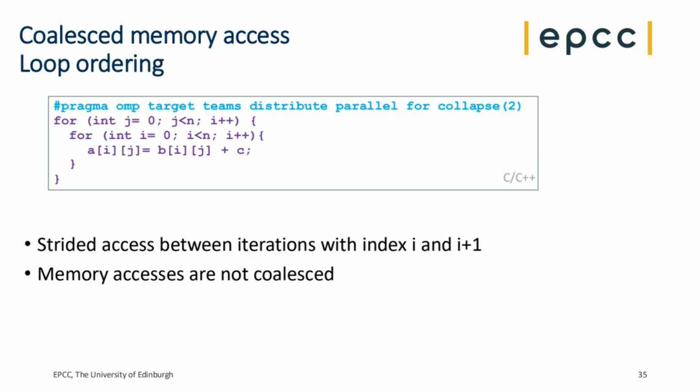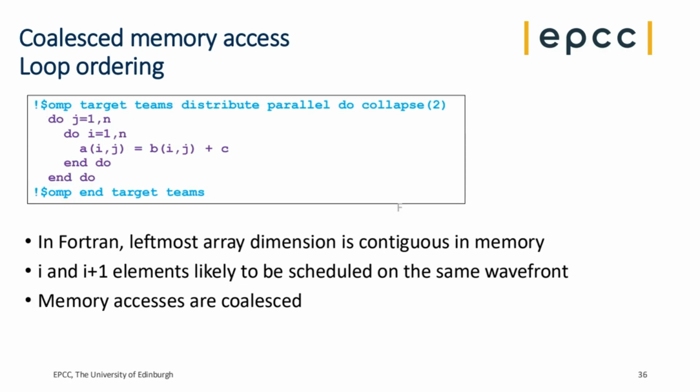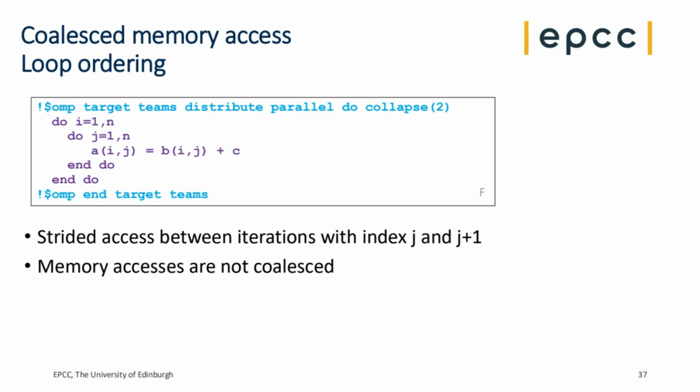Notice we've got the collapse keyword here to collapse this loop into one. Similarly for Fortran, it's just the other way around. When we have it like this, it's coalesced, and when we have I as the outer index, it's not coalesced, so we'd get a memory access performance hit there.